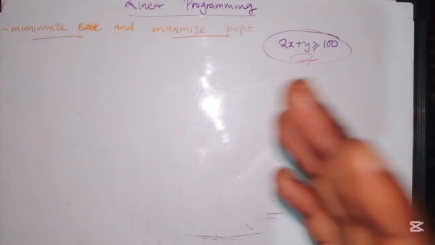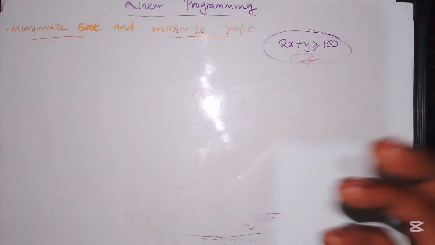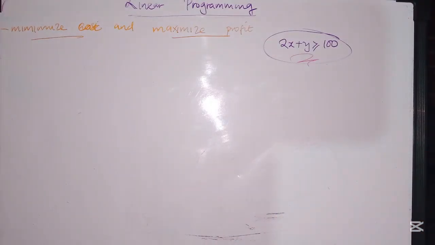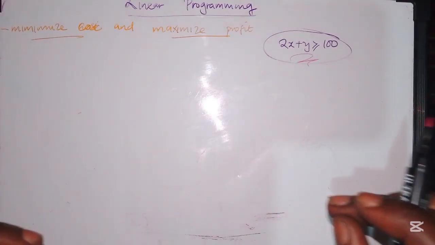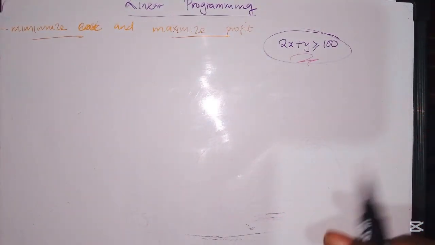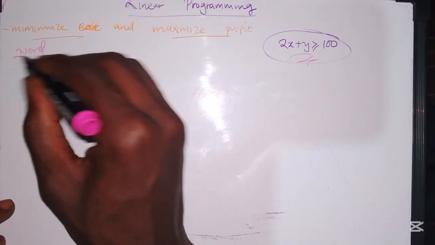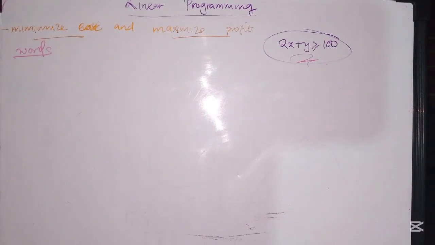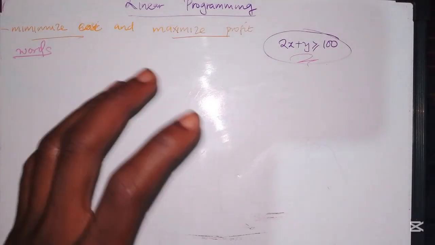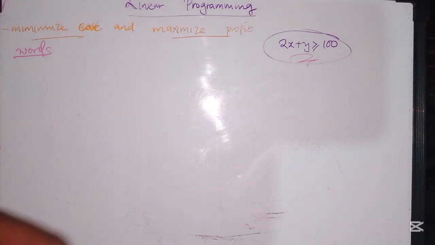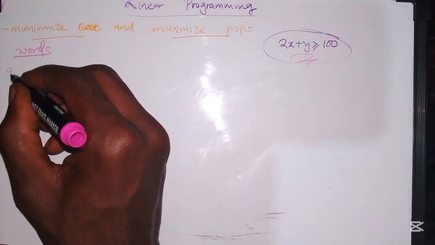So there are some terms or some keywords which you need to be familiar with or which you need to be looking for in a question. So every question has these words I'm going to be telling you. So we have some key terms which you come across under linear programming. So the first word which you come across is at least.